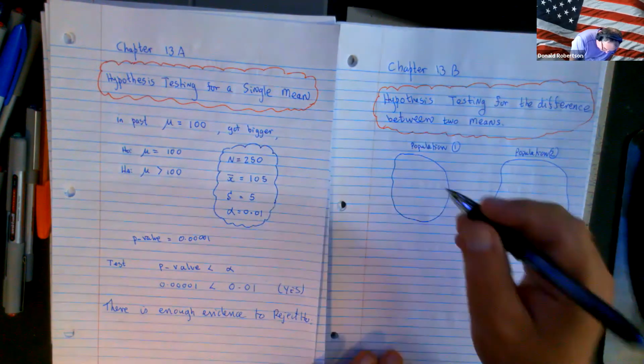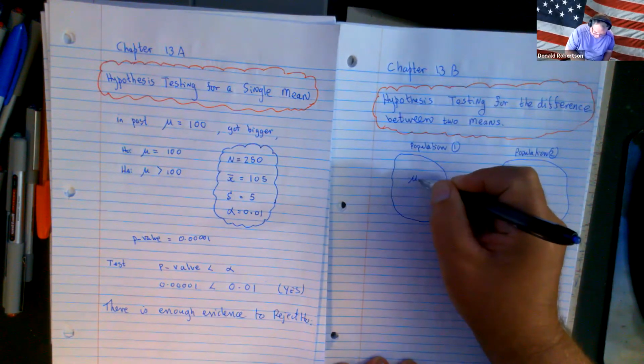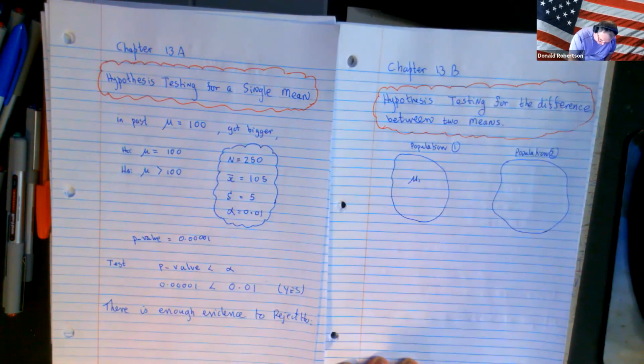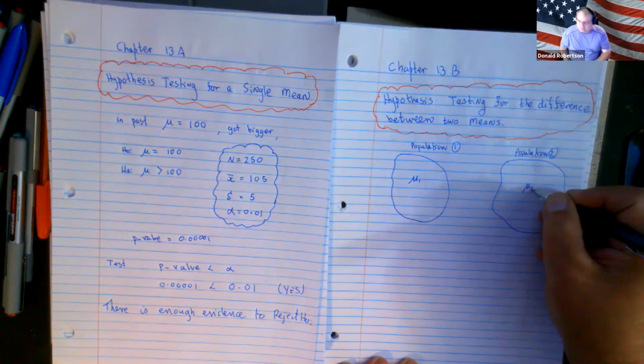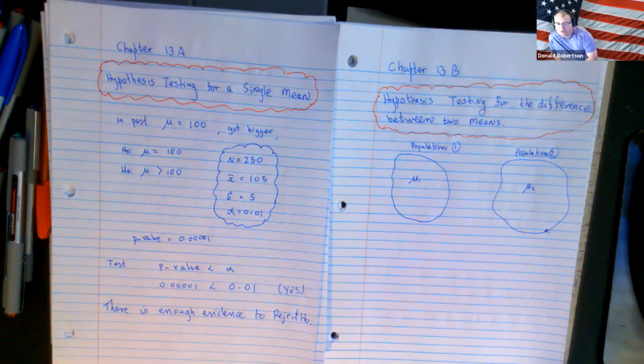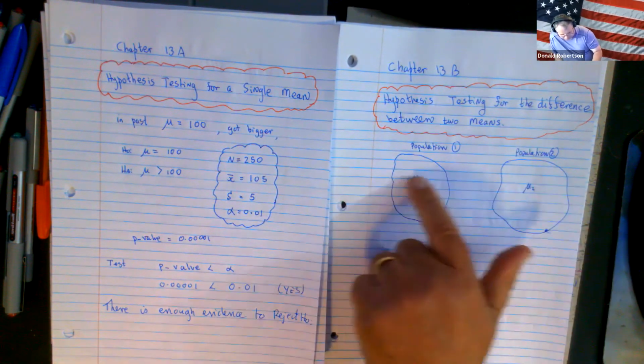So you're going to have mu1, which is the population mean for this one, and you're going to have another guy called mu2. And that's the terminology that we would use. And so how do we decide, for instance, what kind of differences there might be?